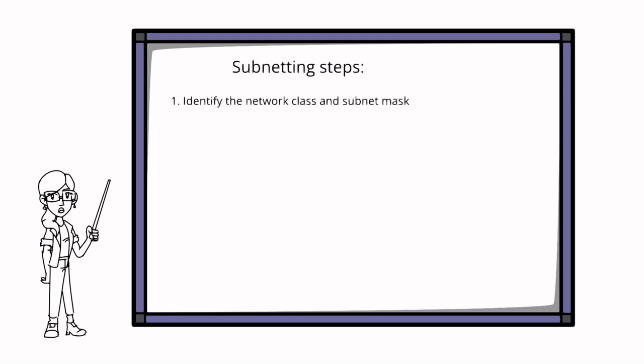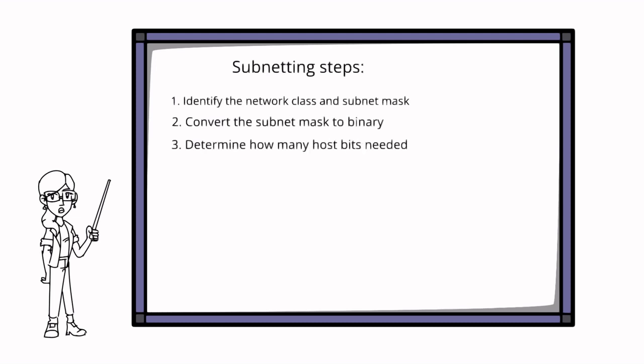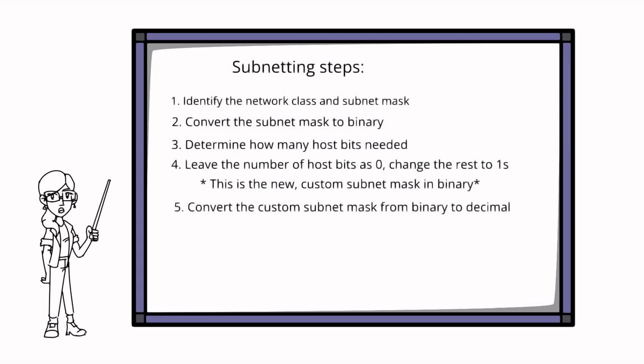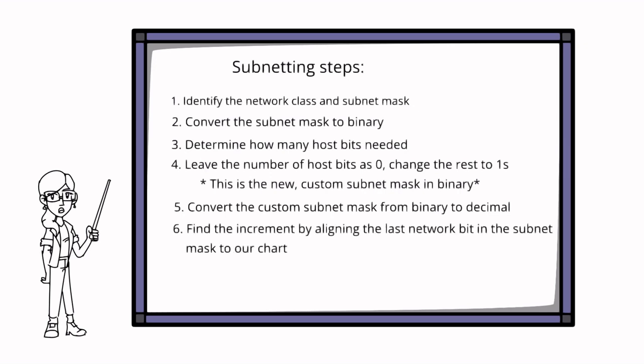So, step 1, identify the network class and subnet mask. 2, convert the subnet mask to binary. 3, determine how many host bits are needed. 4, calculate the subnet mask bits by changing 0 to 1 from the left. 5, convert the subnet mask from binary to decimal. 6, find the increment by aligning the last network bit in the subnet mask to our chart. And then 7, create the subnets.